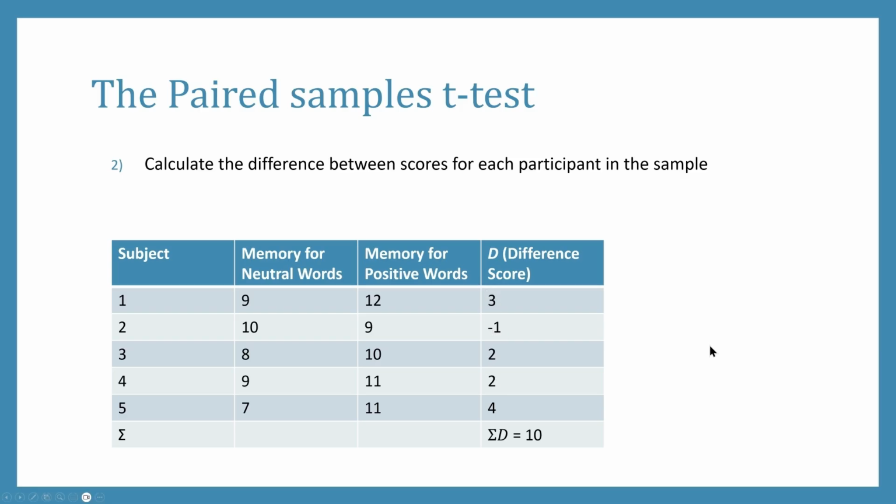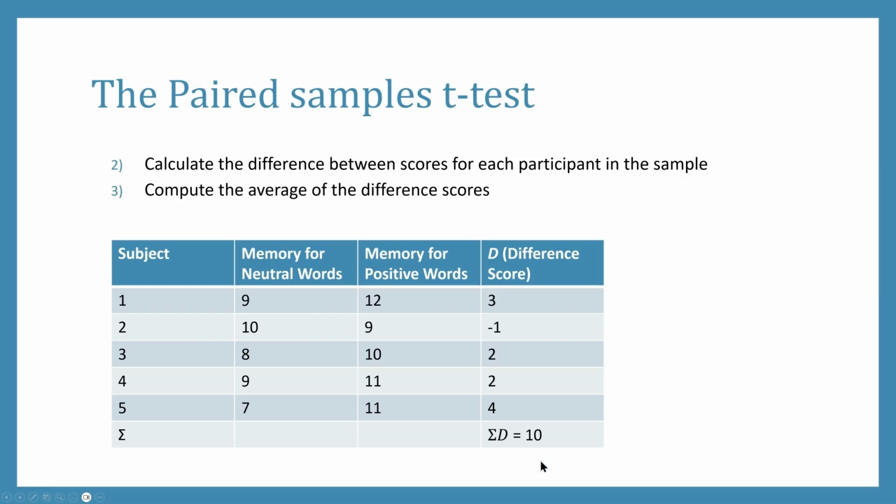Same with our independent samples t-test. The sign doesn't necessarily matter. It's more the magnitude that we care about. But anyway, what we do is we have all these different scores. We add them all up and we get a sum of 10.